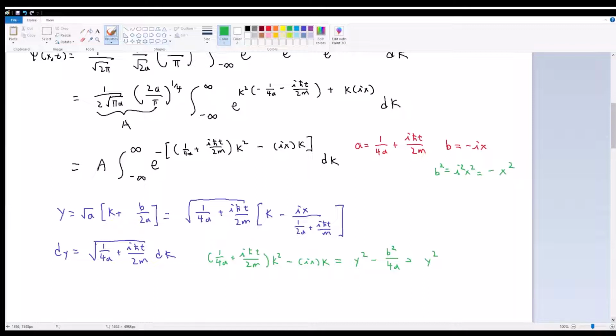So minus b squared is going to be plus x squared over 1 over a plus 2i h bar t over m.